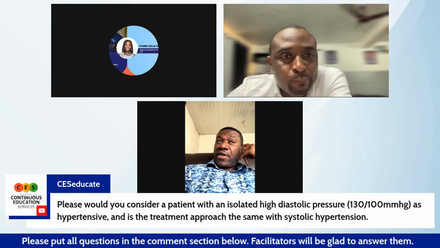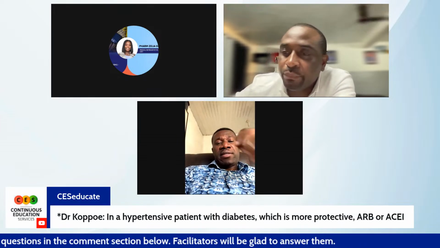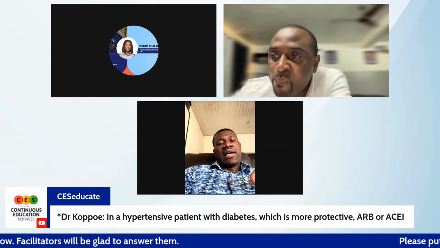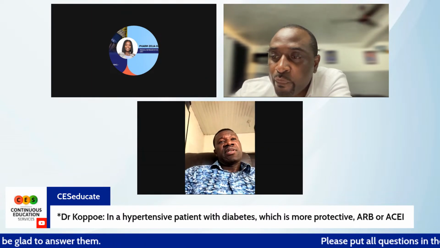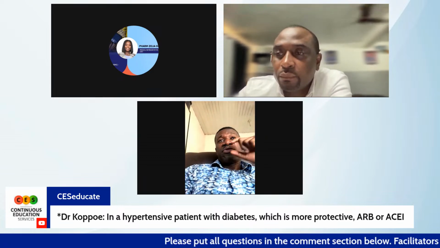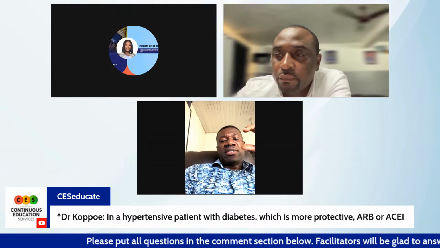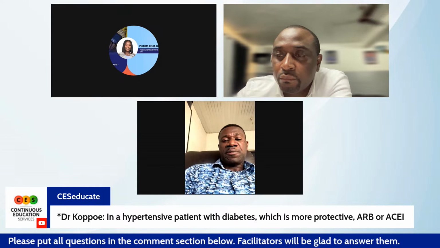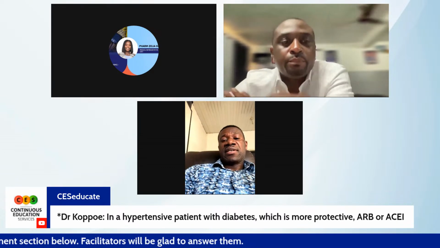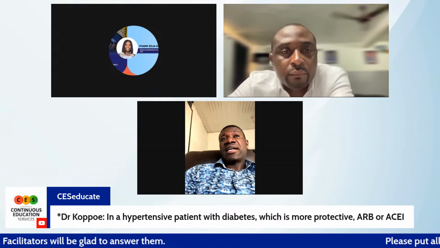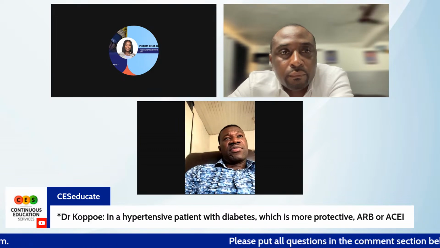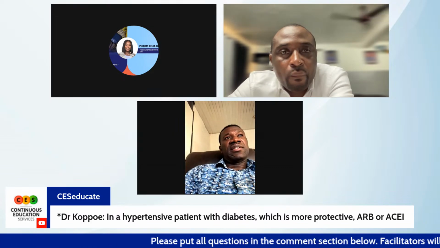Also, if I may add a little, it's important to look at these patients from the light that diabetes by itself is a risk factor. When it comes to treatment, you treat by pathophysiology. In a type 2 diabetic, the underlying factor is insulin resistance, which goes through the pathway of metabolic dysfunction.